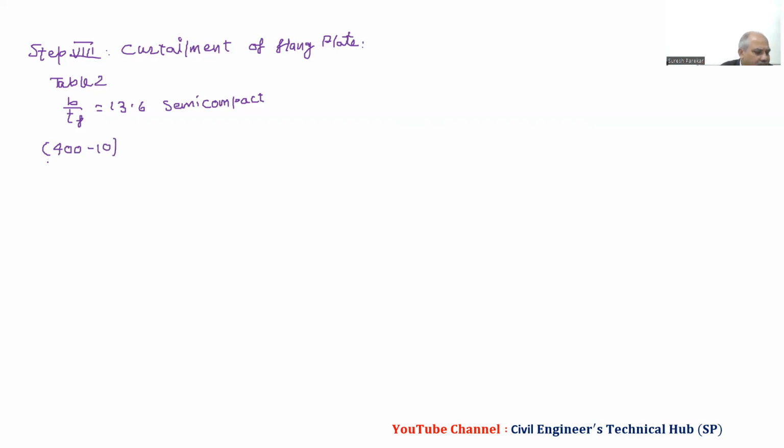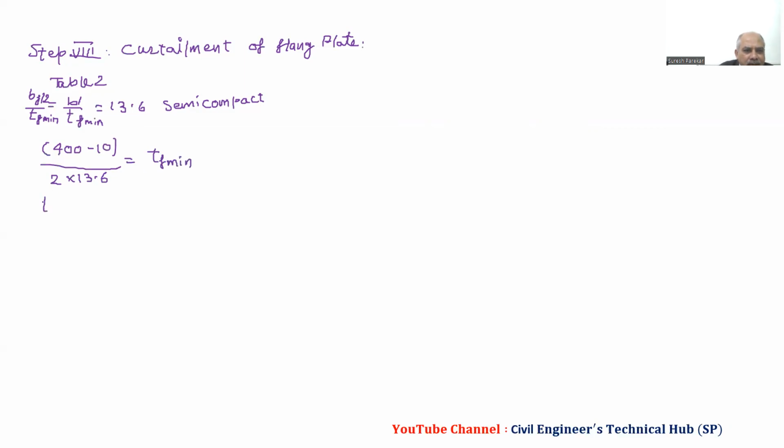Sorry, this is not tf, it is bf by 2. So we have this as bf by 2 upon tf. And now this tf we are going to say as tf minimum allowed. And then this will be upon 2 into 13.6. And this will give us tf minimum.